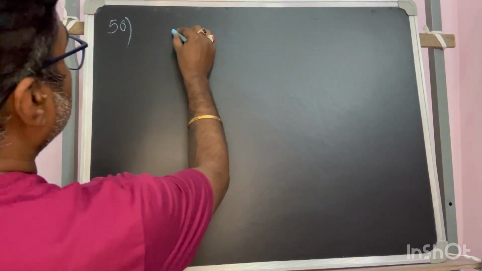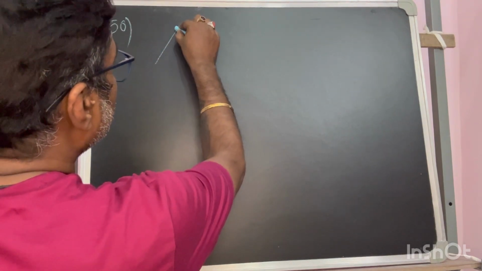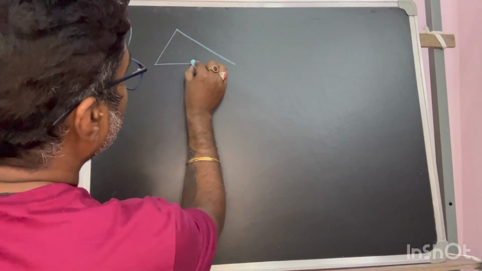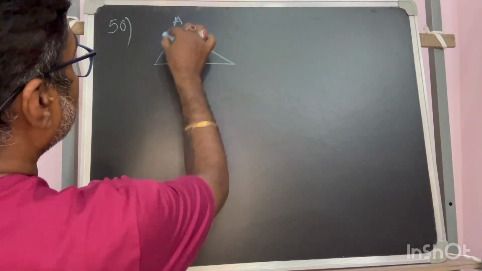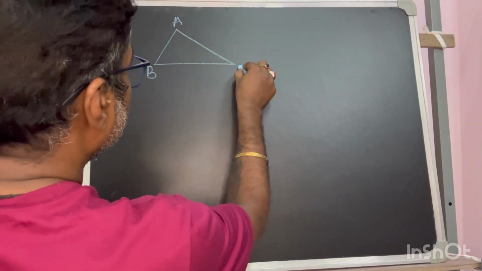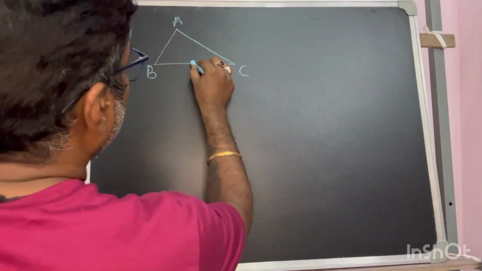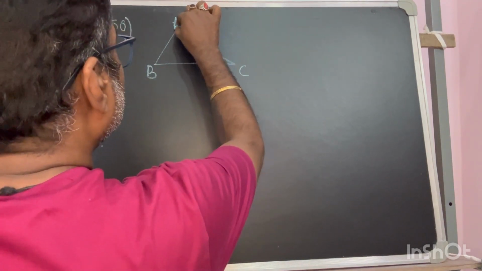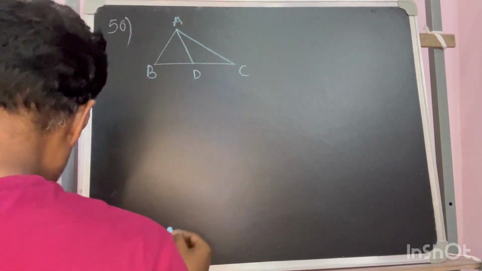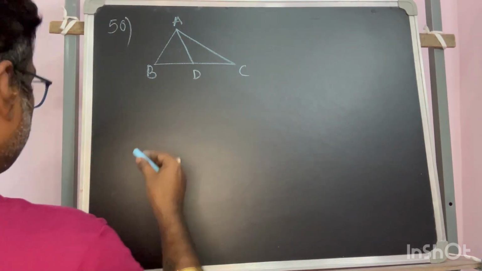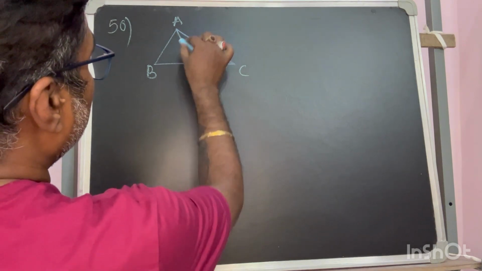It says there is a triangle A, B, C. The point D is given. If I join AD, it will divide this angle into equal parts.